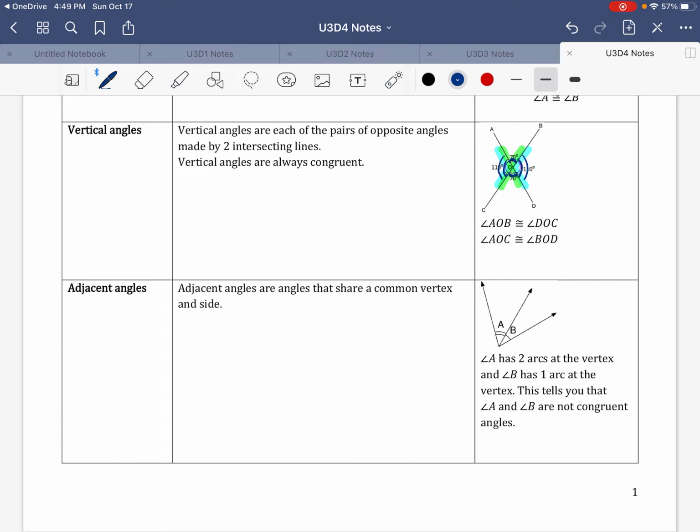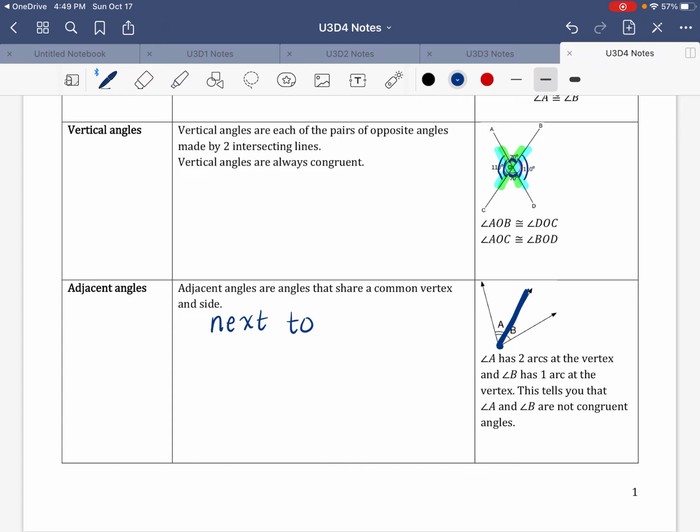Adjacent angles are angles that share a common vertex and a side. So when we're looking at this diagram, we can see that here is our common vertex, and here is our common side. And in slightly simpler terms, adjacent angles are just angles that are next to each other.